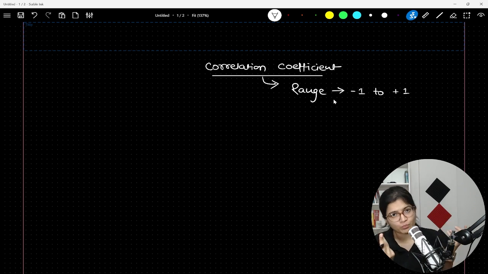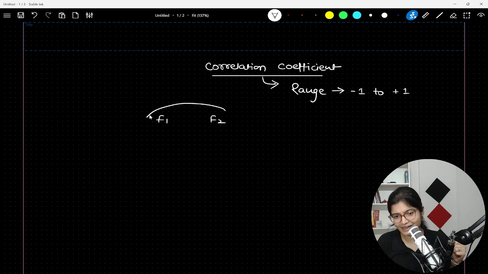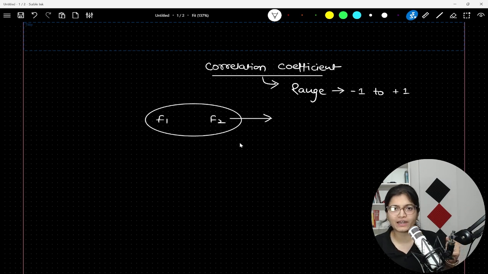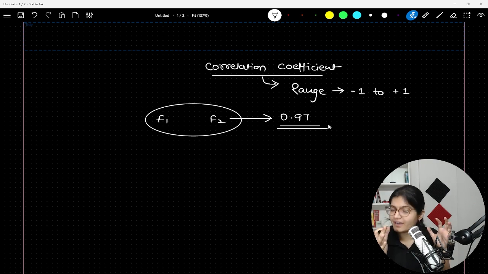So why take both of them? Let's say there is a feature F1 and a feature F2, and they are very highly correlated, maybe positively, maybe negatively. Let's say their value is 0.97, meaning 97% they are signifying a similar kind of information to a model prediction.